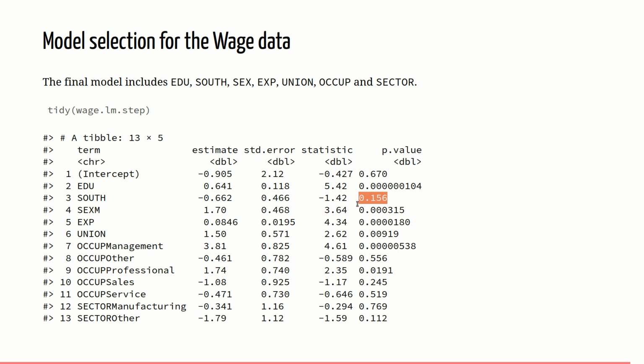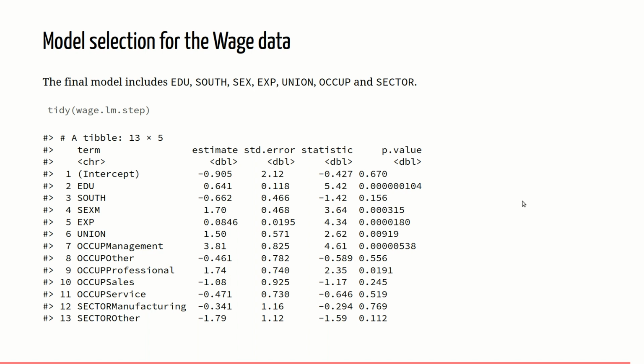And the reason it's still been included in the model is that taking it out increased the AIC. Right, so there's a bias variance trade-off here where, yes, including it in the model meant we had to estimate its effect, and its effect in the linear model wasn't all that important if you evaluate it using the p-value. However, the AIC obviously decided that, by the AIC criteria, including south was slightly better than not.